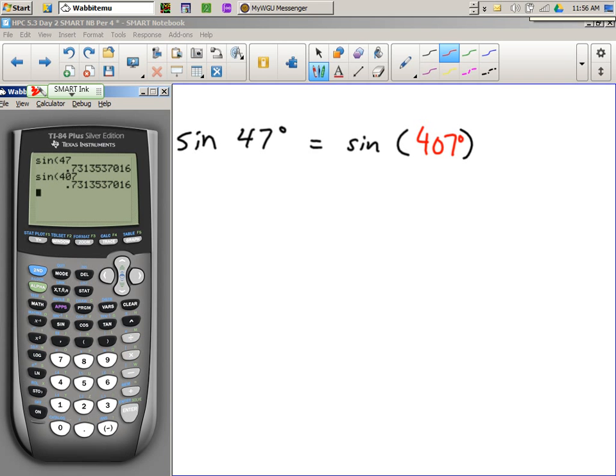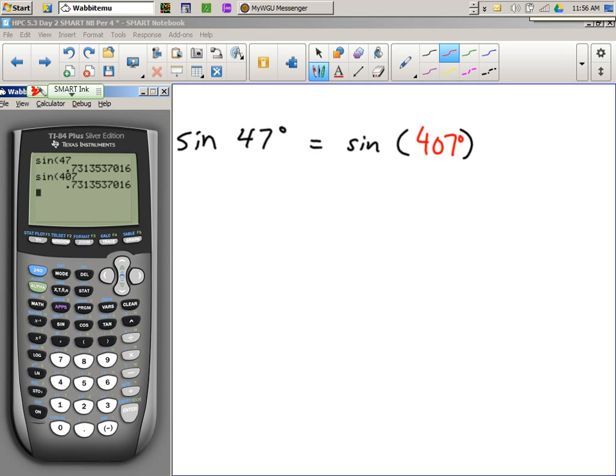If you went around the unit circle, it would be at the same point. So the proper term there is coterminal. You would just say that 47 and 407 are coterminal. It means they're in the exact same spot, same stopping point when you're rotating. So if they're the same spot, they have the same y value, and therefore the same sine value. There are many, many answers to this question. There's an infinite number of answers.